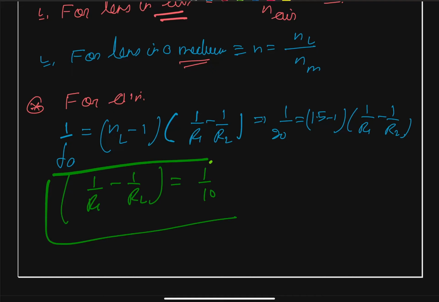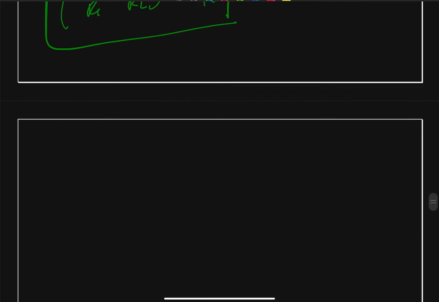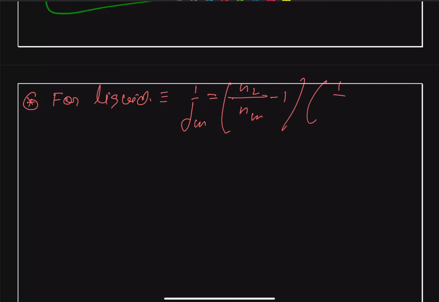And now the medium is the liquid. So for liquid, our focal length for the medium is given by 1 upon Fm equal to (refractive index of lens divided by refractive index of medium minus 1) times (1 upon R1 minus 1 upon R2).